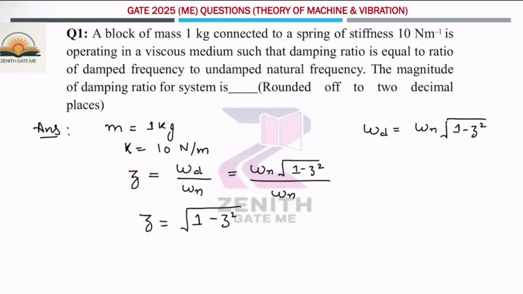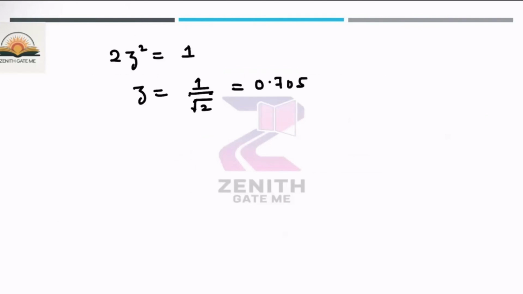So if you take the square on the left hand side and right hand side, what you will get? Zeta square is equal to 1 minus zeta square. Okay. So that means 2 zeta square is equal to 1. So zeta is equal to 1 by root 2, which is equal to 0.705.